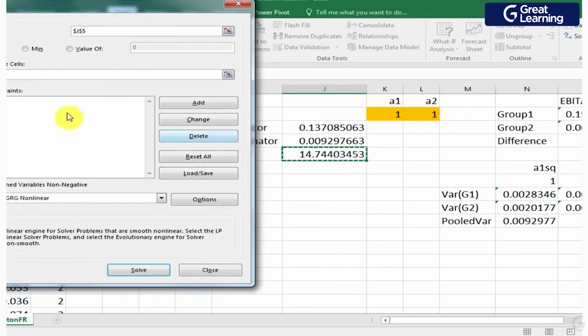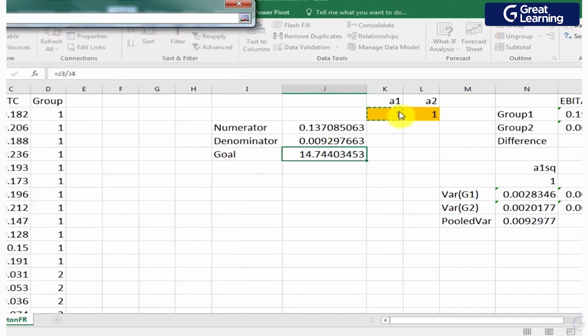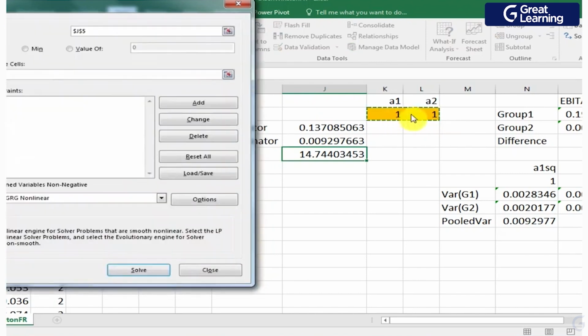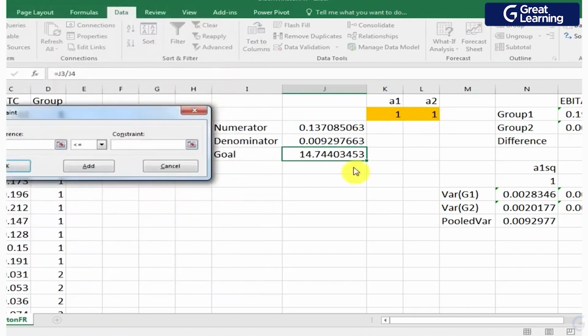This cell, maximize the goal. What are the changing cells? These two, yellow color. This is the changing cells. What is the constraint? Add a constraint. The denominator which you have got there equal to 1 you put here. Click OK.